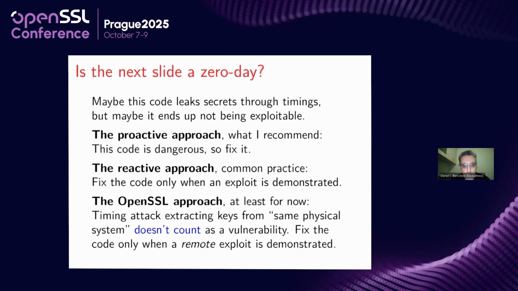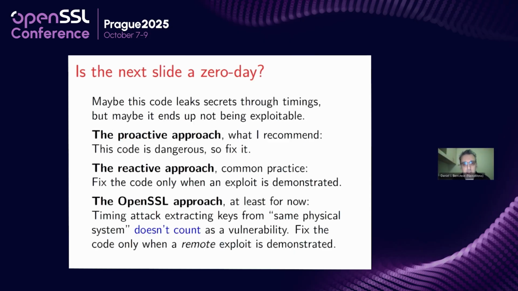You have to demonstrate a remote exploit in order to have an OpenSSL CVE for a timing attack. So that means that work is being done only in the cases where somebody demonstrates a remote exploit and not in the cases where somebody demonstrates a local exploit. And okay, less work, but of course it's often leaving people even more vulnerable.